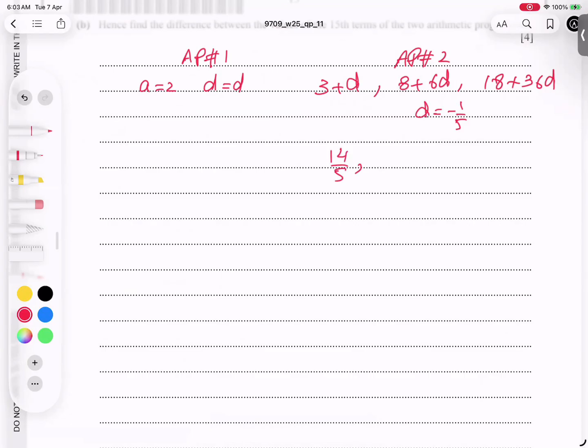And 8 plus 6 times negative 1 over 5 gives us 34 over 5. 18 plus 36 times negative 1 over 5, I'm getting here 54 over 5. So these are the first three terms.